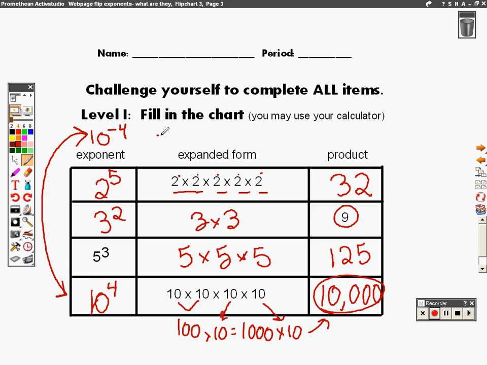So, it's going to be 1 over 10 times, I'm using dots now for multiplication, times 10 times 10. So we have 10 times 10 times 10 times 10. And that will equal 1/10,000th.